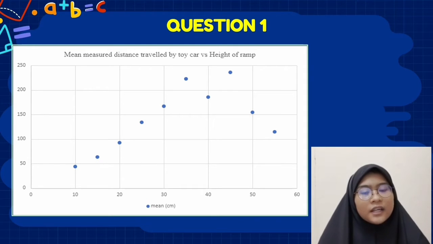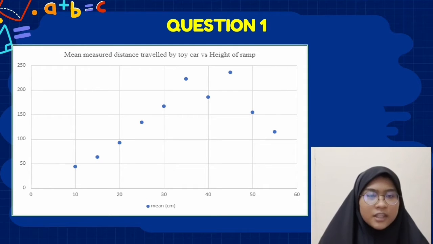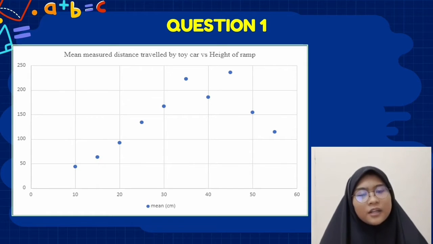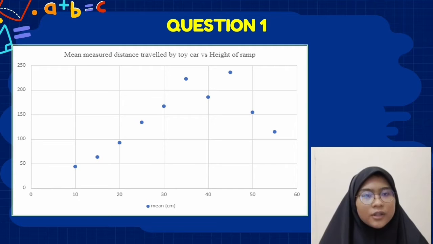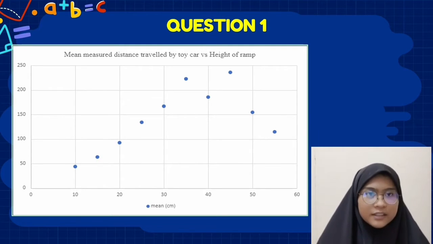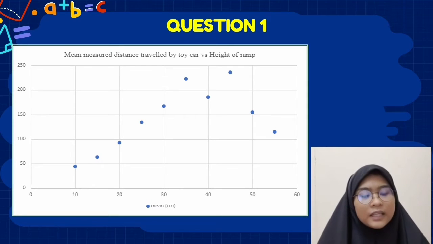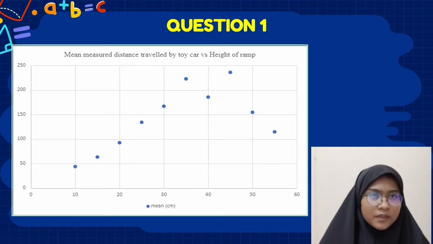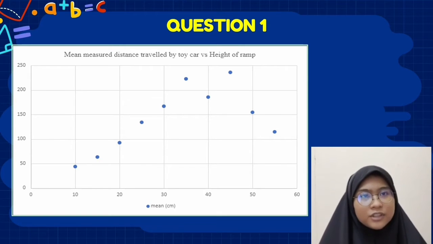In question 1, I have to draw a scatter diagram using Excel. In the scatter diagram, I have to draw the mean measured distance traveled by the toy car versus the height of the ramp. Now, as we know, mean is the average of the data that we collected several times. In this experiment, we repeat the experiment with the same height of ramp 3 times.